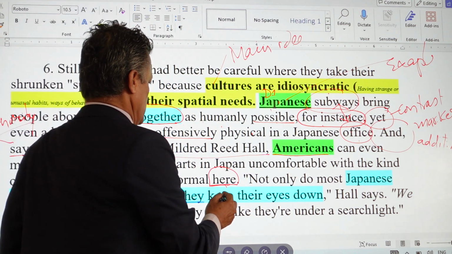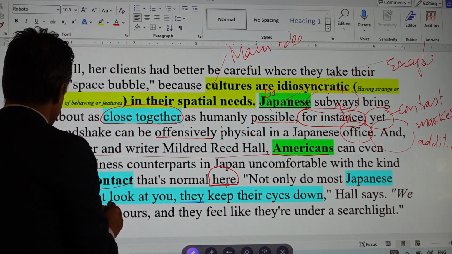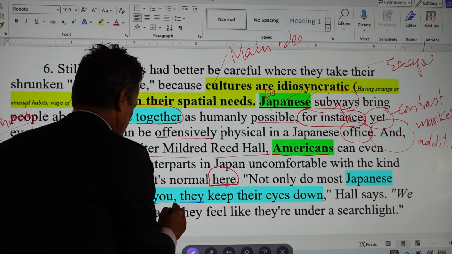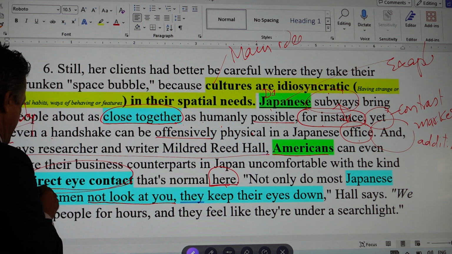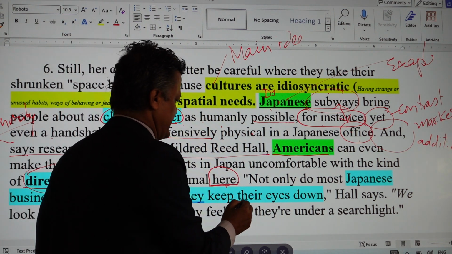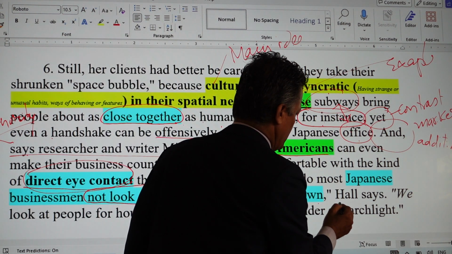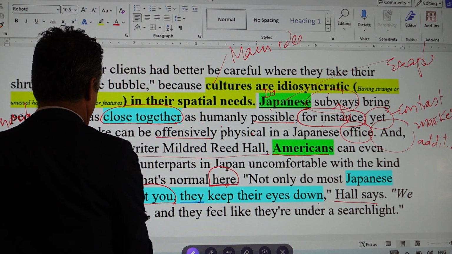Okay. Not only do most Japanese businessmen not look at you, see the opposing behavior. Americans have direct eye contact. Japanese do not look at you. They keep their eyes down. Hall says, we look at people for hours.